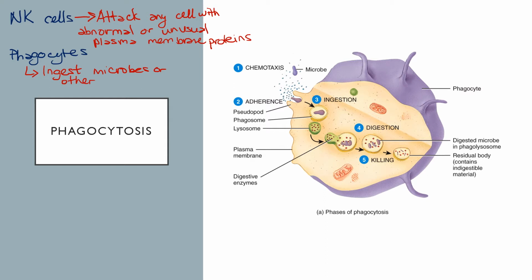Now, there are two major types of phagocytes. These are neutrophils and monocytes.